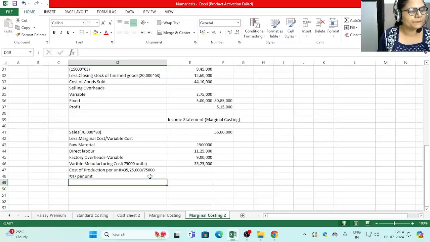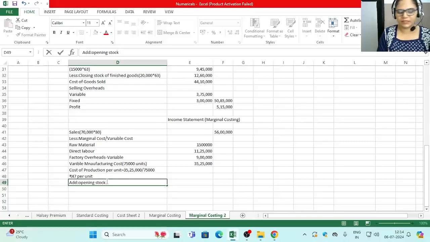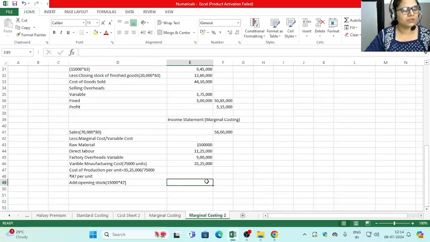Next is, we will do the same thing as we have done under absorption costing. We will add opening stock, it is 15,000 multiplied by 47. It will give you 7 lakh 5,000 value.